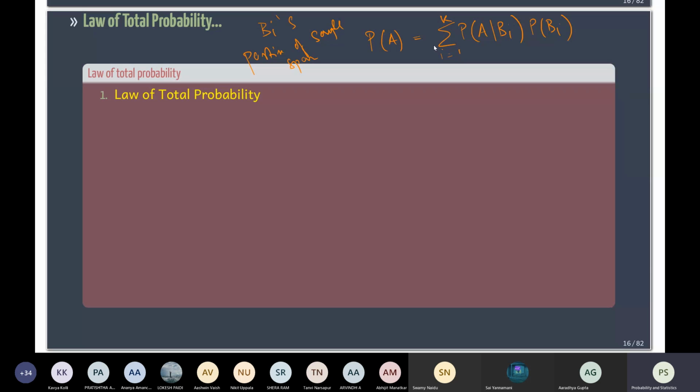This is the law of total probability, and these are just extensions of these things. In the continuous case, we know how to compute conditional probability and the probability of an event.